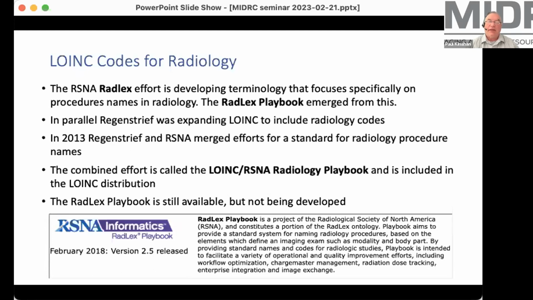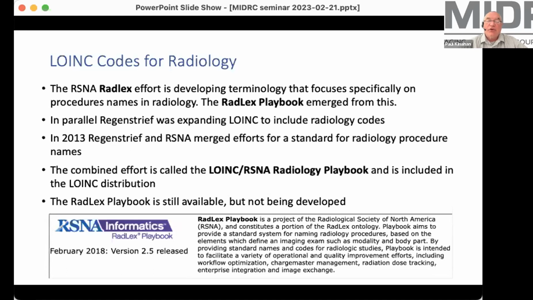Interestingly and separately, a group called Regenstrief, an institute, was taking something called the LOINC codes, which are being used in lab medicine and other branches of hospital diagnostics. Regenstrief was looking to expand LOINC, which I'll talk about more, to include radiology codes as well. And fortunately, the two groups met up. I actually don't know the history of how they became aware of each other, but it's not that surprising.